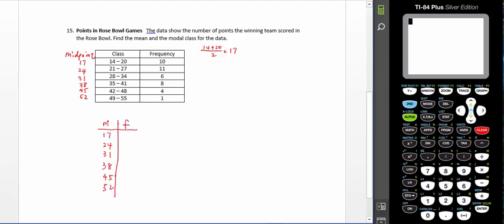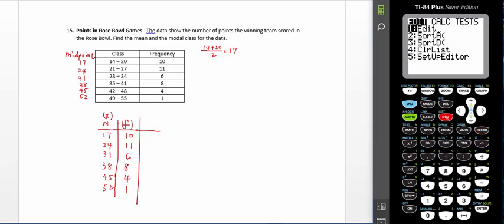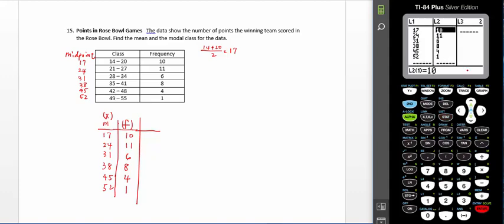These midpoints are also called x's. I'm going to put the frequencies in the second column. In the interest of time, before I started this problem, I entered the data in L1 and L2, so it's set up and ready to go.